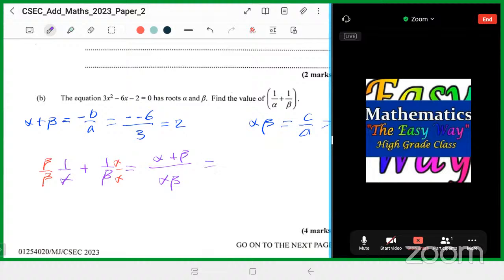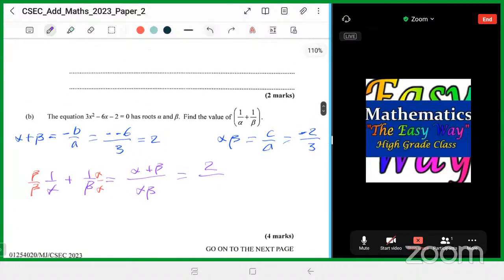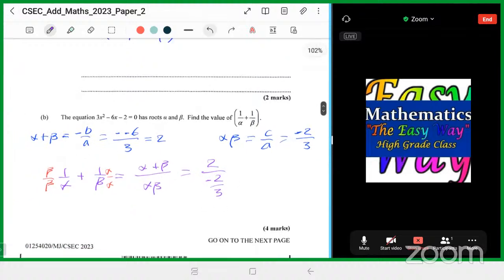So the result becomes the sum of the roots, which is this 2, divided by the product of the roots, which is this negative 2/3. To divide by negative 2/3 is to invert and multiply. So it becomes 2 times minus 3 over 2. Or I could say this denominator comes to the top.